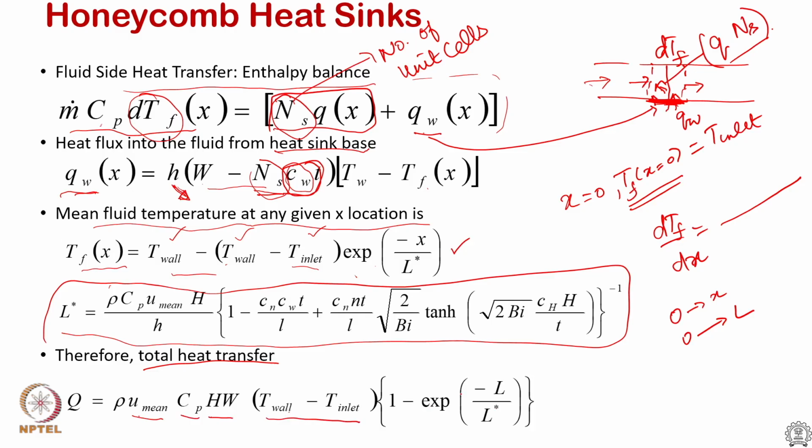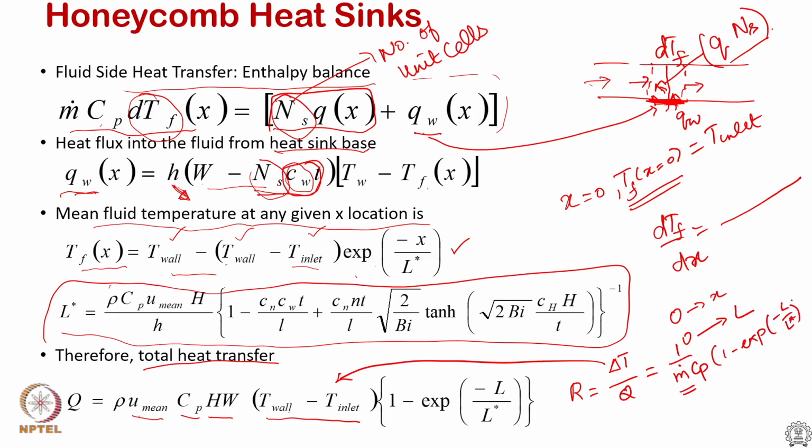This, if you rewrite in terms of resistance, is going to give you delta T, which is this, divided by Q, going to look like 1 by m dot Cp into 1 minus exponential of minus L by L star. This is nothing but NTU, just written in a different fashion.